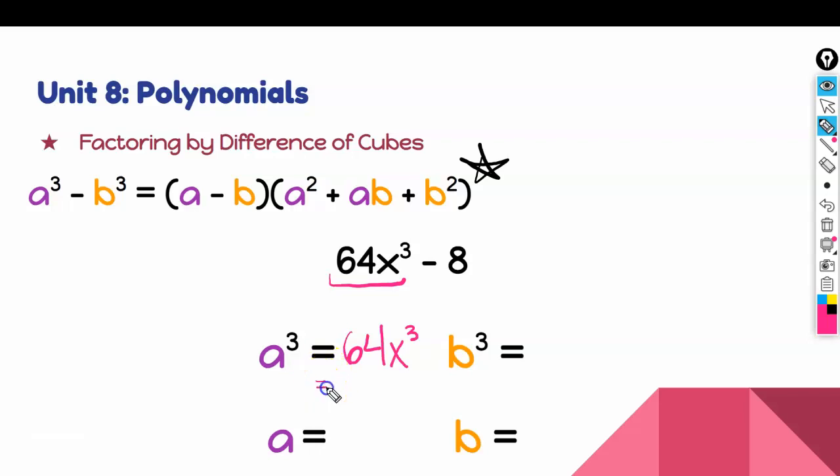I'll tell you right now, 64 is 4 to the third power. So 4 to the third power, x to the third power gives me a to the third power. Then what's just plain old a? 4x. The things without the third power.